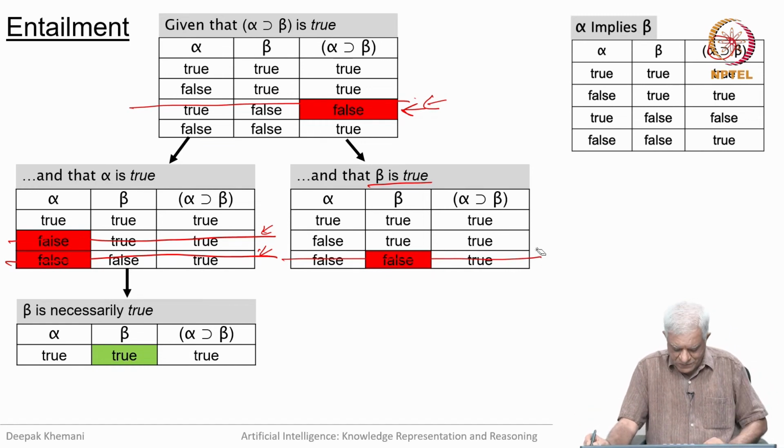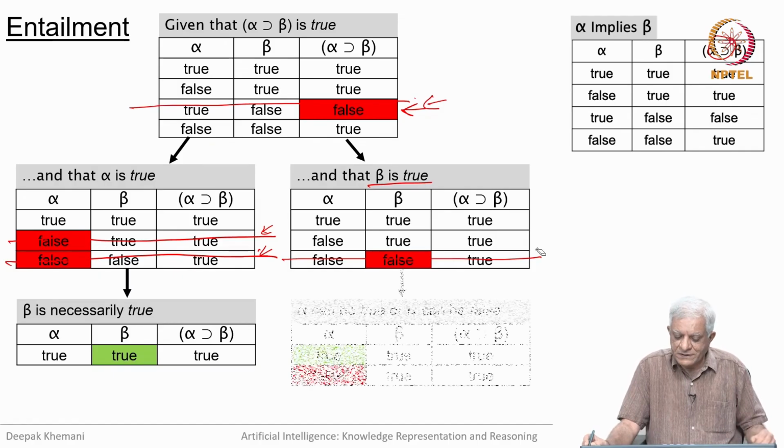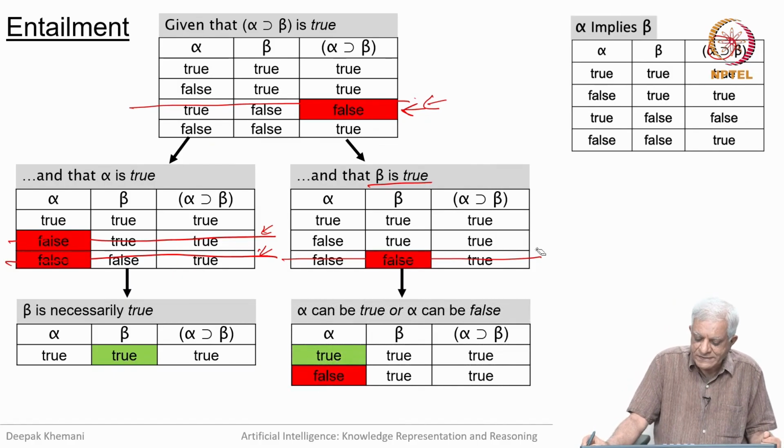So, we are left with a truth table with 2 rows, and you can see that alpha can be true or alpha can be false. In the first row alpha is true, and in the second row alpha is false, which means alpha is not necessarily true.